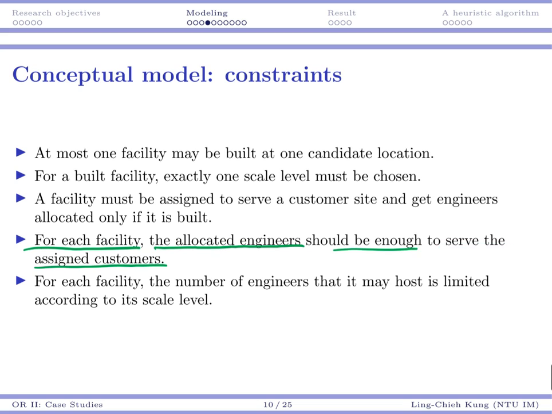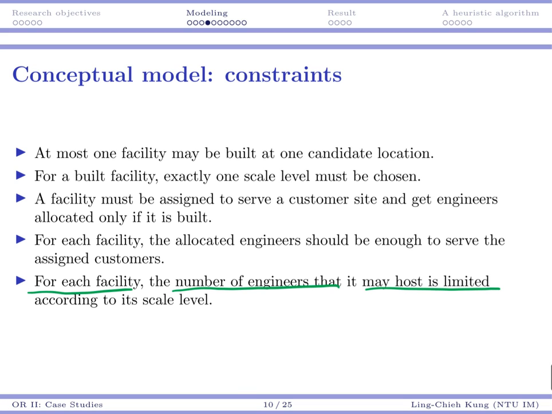Okay, the number of engineers allocated and the number of customers assigned must somehow be reasonable. And then finally, for each facility, the number of engineers that may be hosted is limited according to the scale level. You cannot just build a very small facility, but you want to put 100 engineers there.